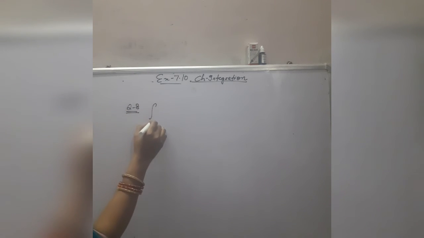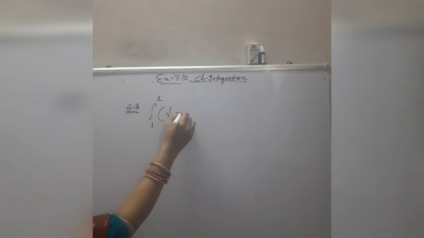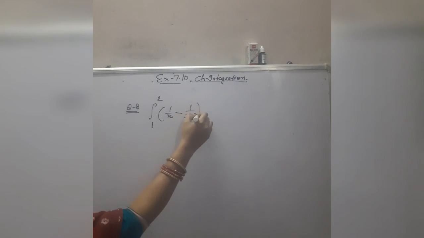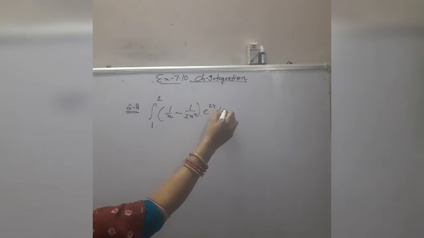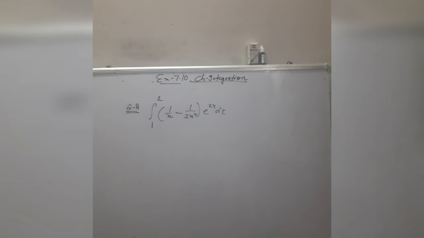In question number 8, limits from 1 to 2 and the function is (1 by x minus 1 by 2x square) into e raised to power 2x. In this case you will put 2x is equal to t. If you put 2x is equal to t, then 2 into dx is equal to dt.